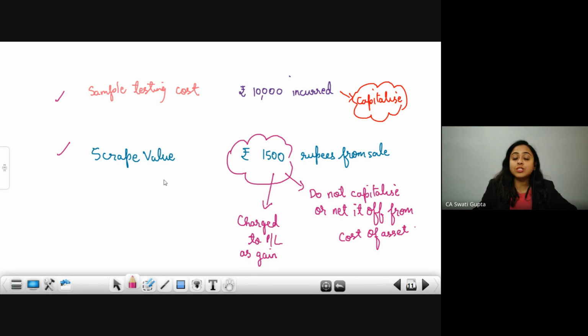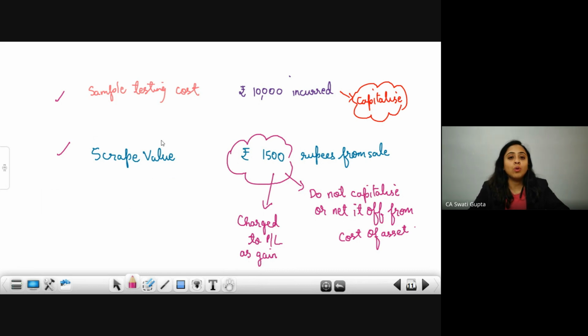Why is the scrap value not being netted off? Firstly, selling off scrap is not necessary for bringing the asset ready for use. Without selling the scrap also, the machine can be brought to working condition. Secondly, we do not know when it will happen. Scrap can be sold 2 years later, 5 years later, or the next day itself.